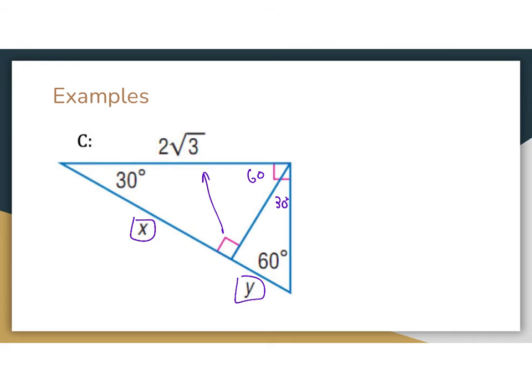So I've got two 30, 60, 90s here, and I need to do a little bit of work to figure this out. I have my hypotenuse, but that is 2 square root of 3. Now to get my short side, I'm just going to divide by 2, which means my short side, which is this side, is square root of 3.